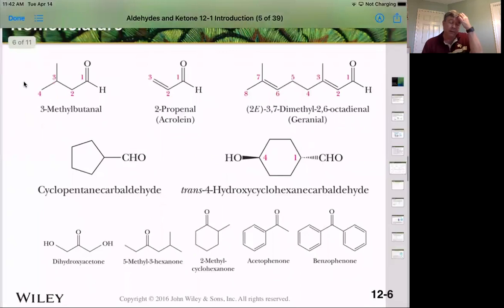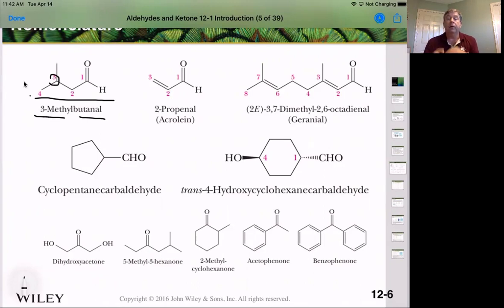On the first one here, we have a four-membered carbon chain, so that gives us butane. Because we're naming the parent for the aldehyde, it takes precedence and we start with number 1 where the aldehyde is. So our substituent is in the 3 position, which gives us 3-methyl butanal.